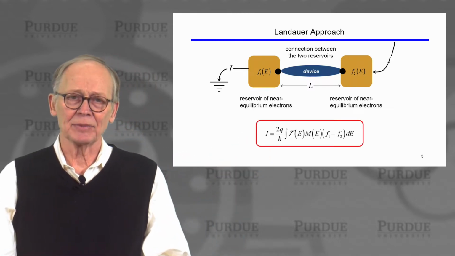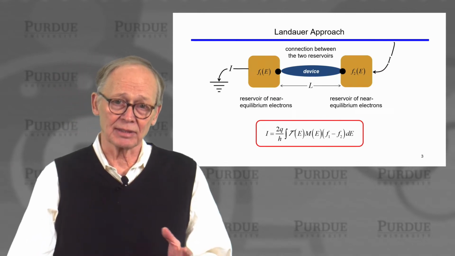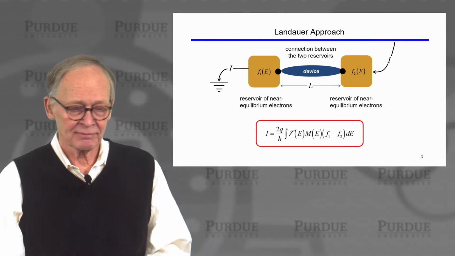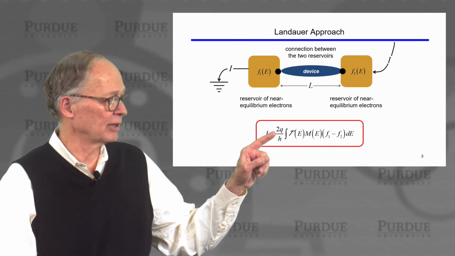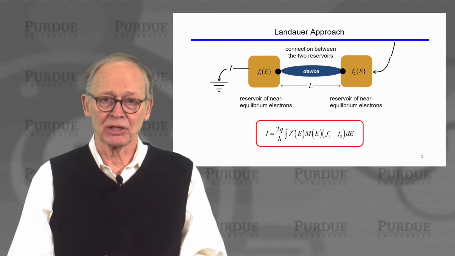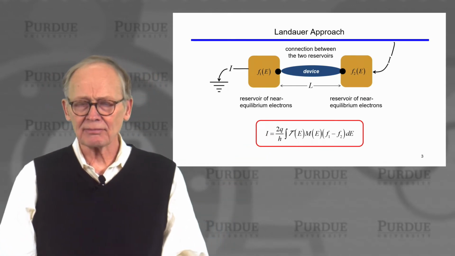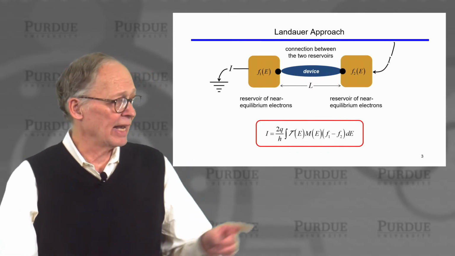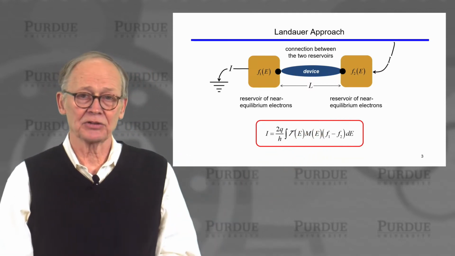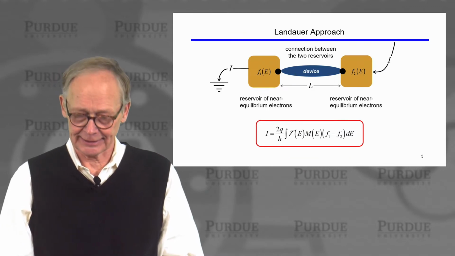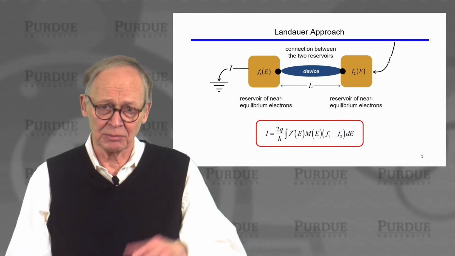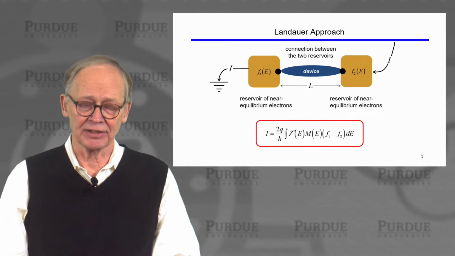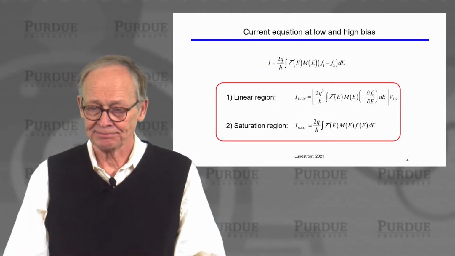And we didn't derive, but we simply stated the relatively simple current formula. Current was related to some fundamental constants, a parameter we called the transmission, a parameter we called the number of channels or modes, and to the difference in the Fermi functions between the two contacts. And then we sum everything up over all of the energy states that are available.